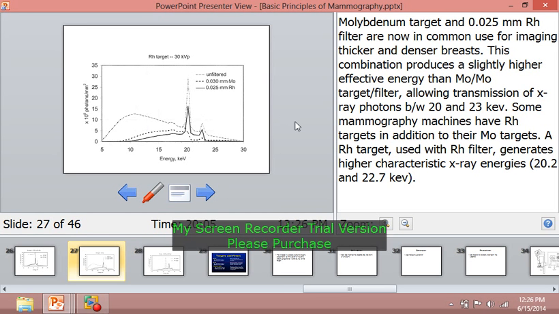So the more we filter, the less radiation dose we are giving to the patient. So for this we need to consider the appropriate filter.